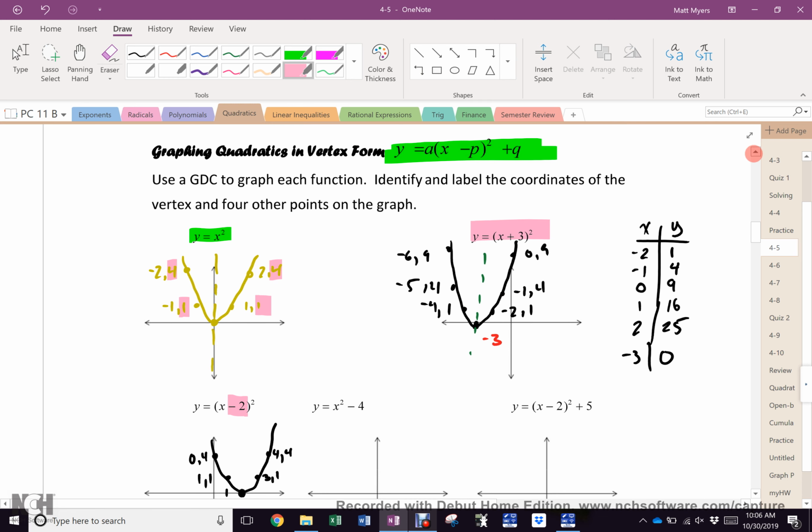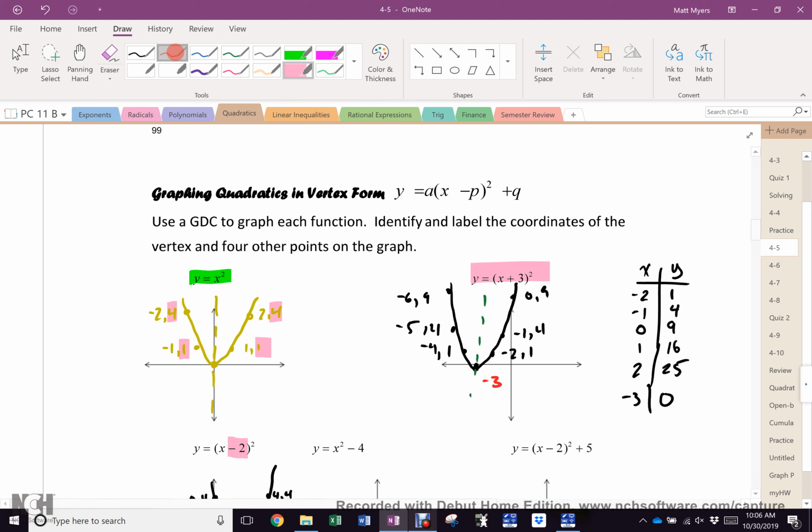P. P is our horizontal adjustment of what? What moved? Of the vertex. Everybody cool? And there's a negative there to remind you, you go in the opposite direction.